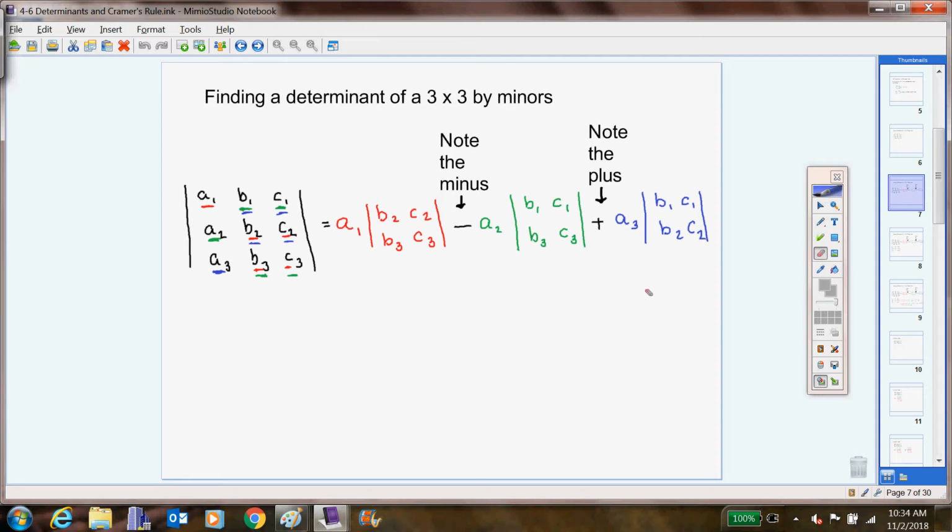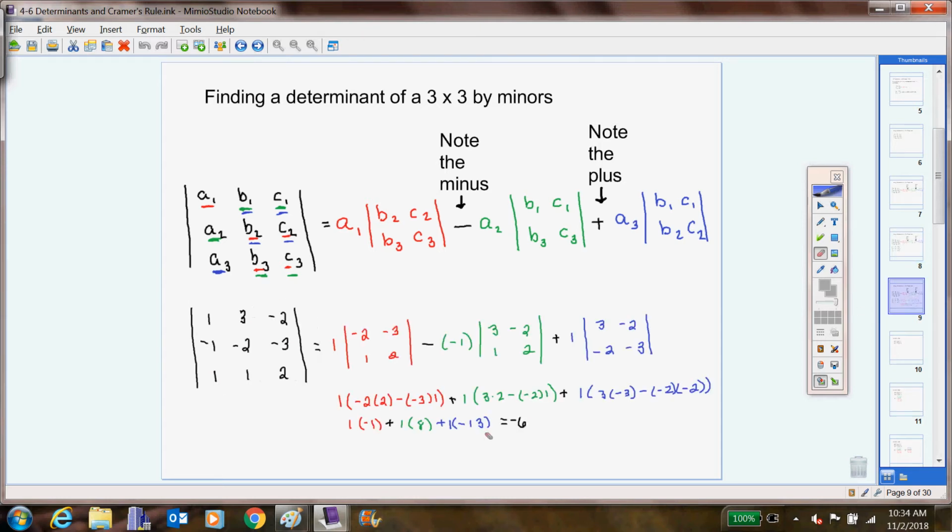Like I said, it's more things to write down and keep track of, but the actual calculations are very, very simple. So for example, if I have this matrix and I want to find its determinant by minors, I'm taking the number 1 times the determinant of these 4 numbers, minus negative 1 times the determinant of these 4 numbers, plus 1 times the determinant of these 4 numbers.